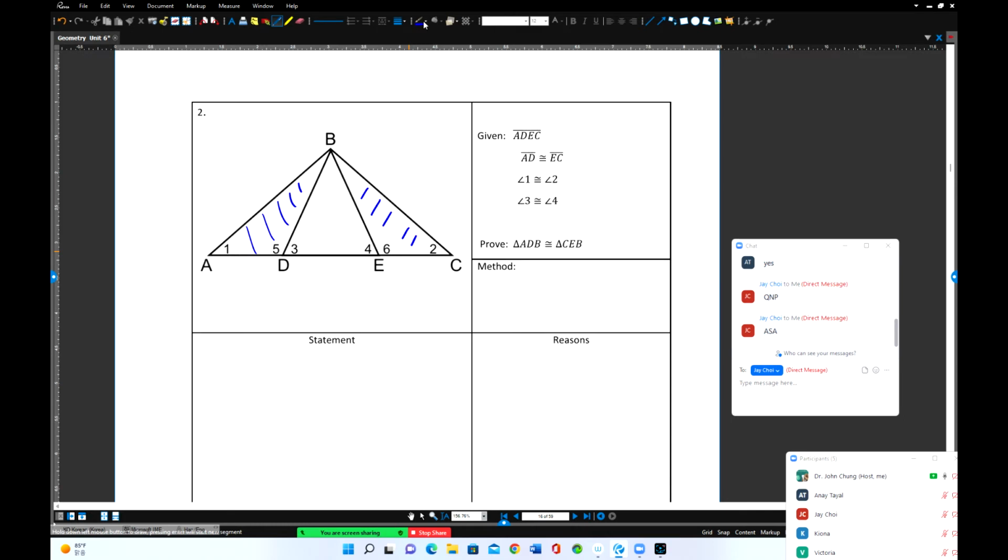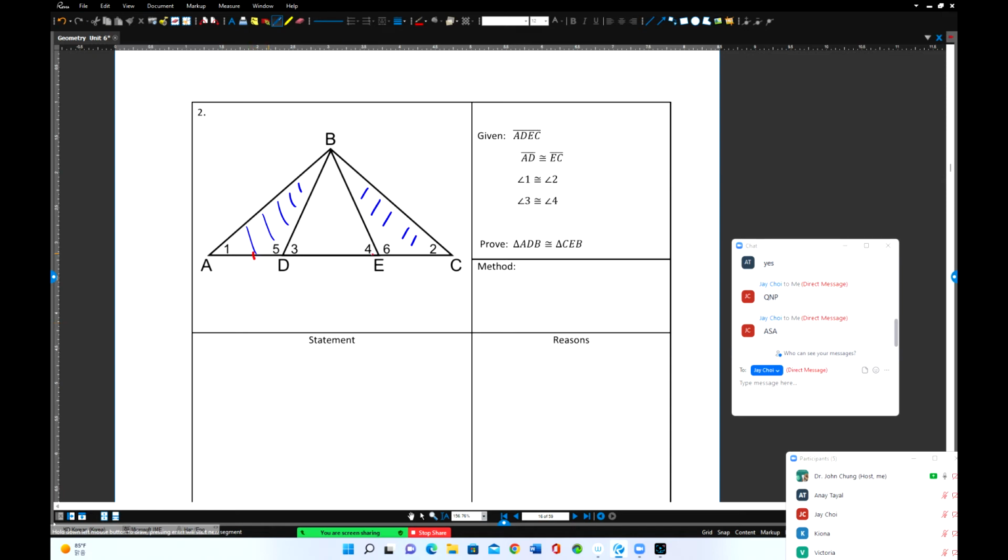Now take a look. They're given over here, this is straight. Now we can use linear pair, right? Angle 5 and angle 3, because they stand on a straight line, are a linear pair. 4 and 6 are also a linear pair. So angle 5 and 3, and angle 4 and 6, are supplementary.